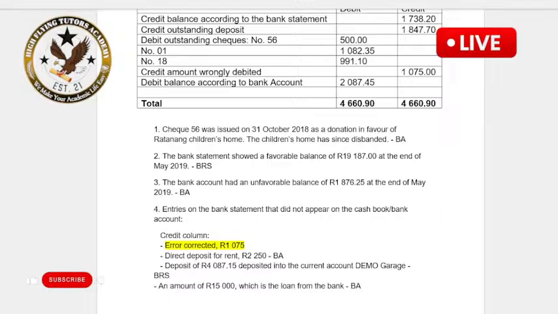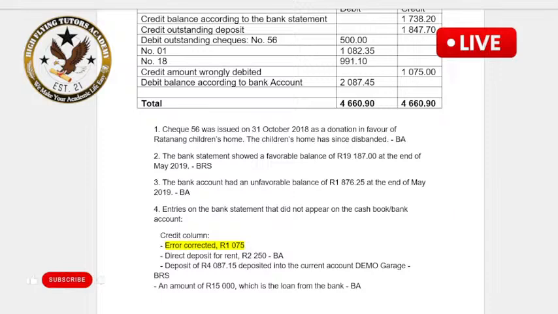So Demo Garage deposited money into their account, but by error the bank credited us instead of crediting Demo Garage, because we are Demo Enterprises. So it means the bank has credited us wrongly.